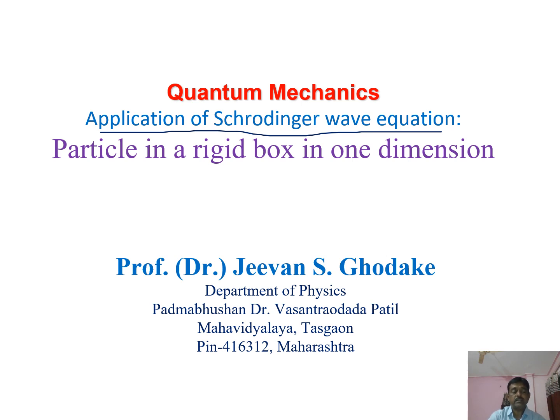Let us consider the first point, particle in a rigid box in one dimension. In this case, we have to calculate the energy eigenvalues and eigenfunctions associated with the particle during its motion in a one-dimensional rigid box.